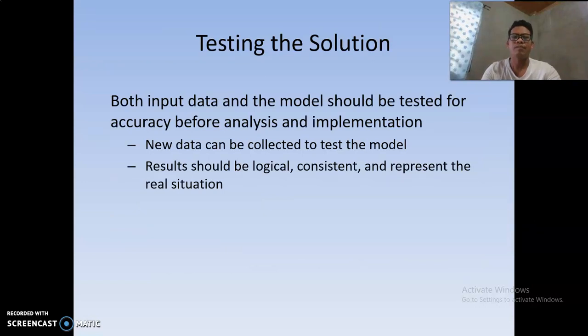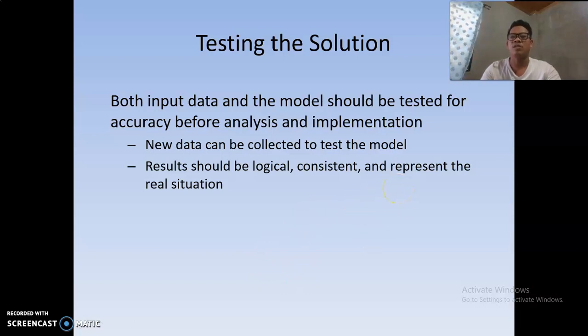In testing the solution, both input data and the model should be tested for accuracy before analysis and implementation. So we have to test if this solution is applicable, or if it is effective and efficient in solving a particular problem. The result should be logical, consistent, and represent the real life situation.